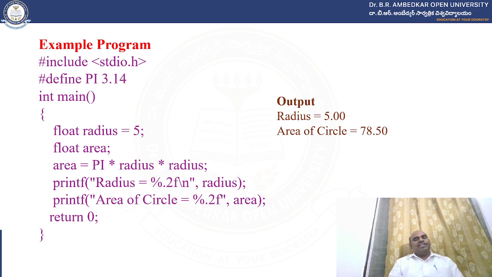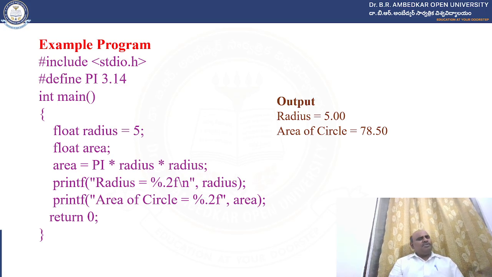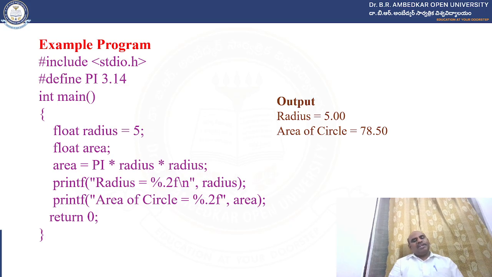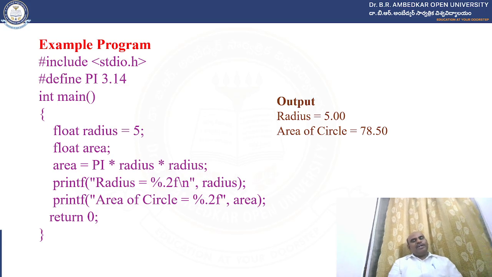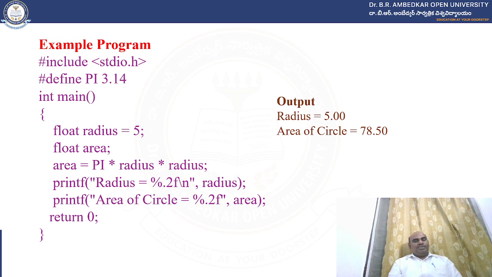Next, we take the radius value with data type float. Float means decimal values can be processed. So float radius is 5, and float area. Now we are calculating the area: pi into r square.